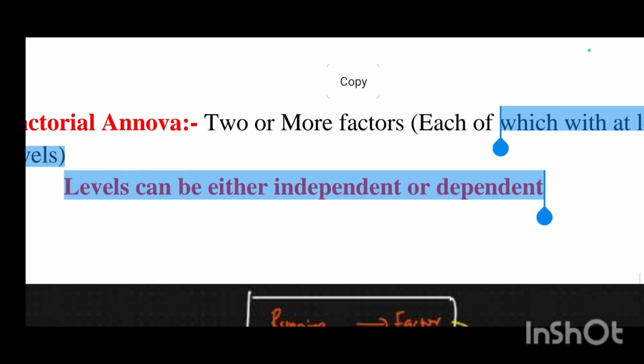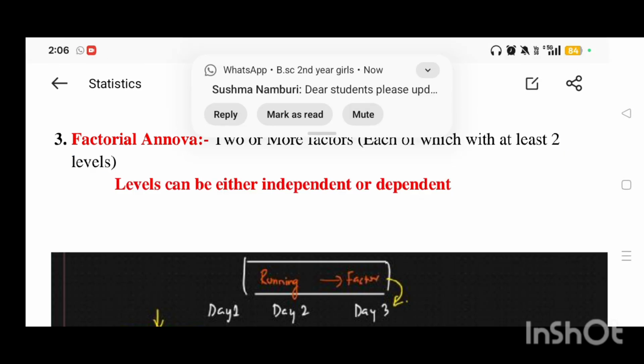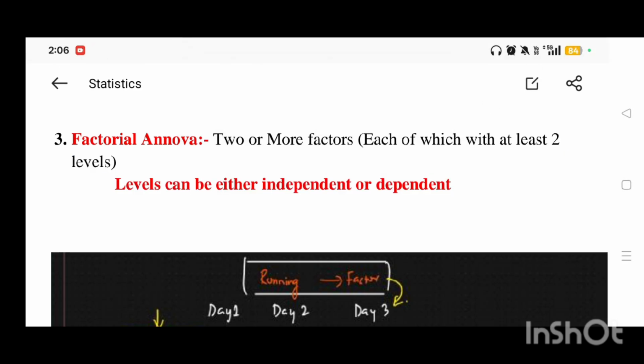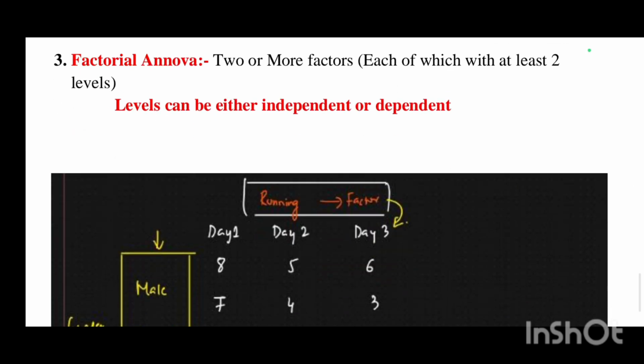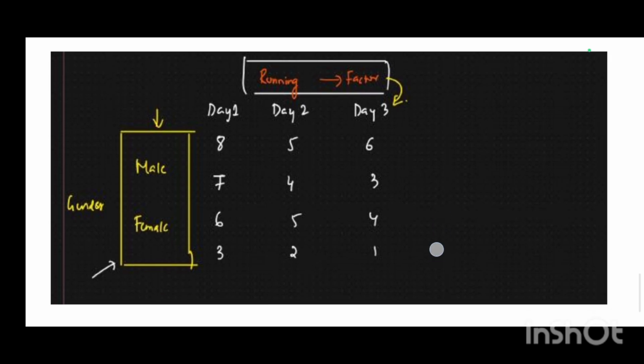Okay, next, factorial ANOVA, with two or more factors, each of which has at least two levels. So here you can see running and the days day 1, day 2, day 3, which are given more values.